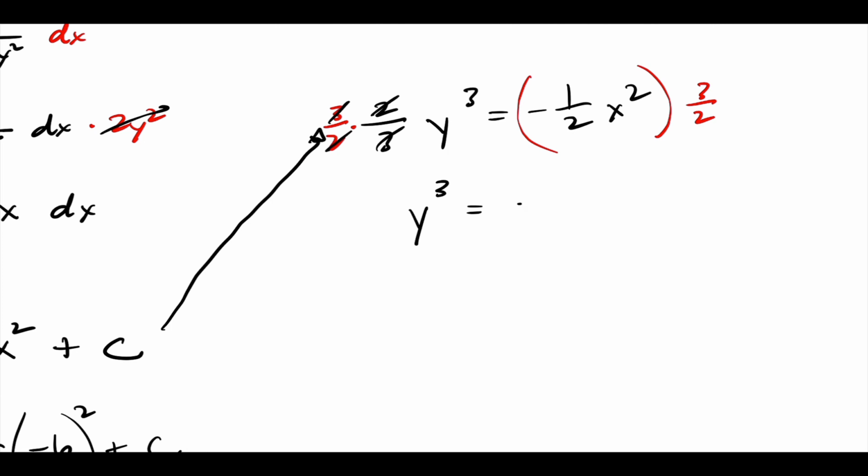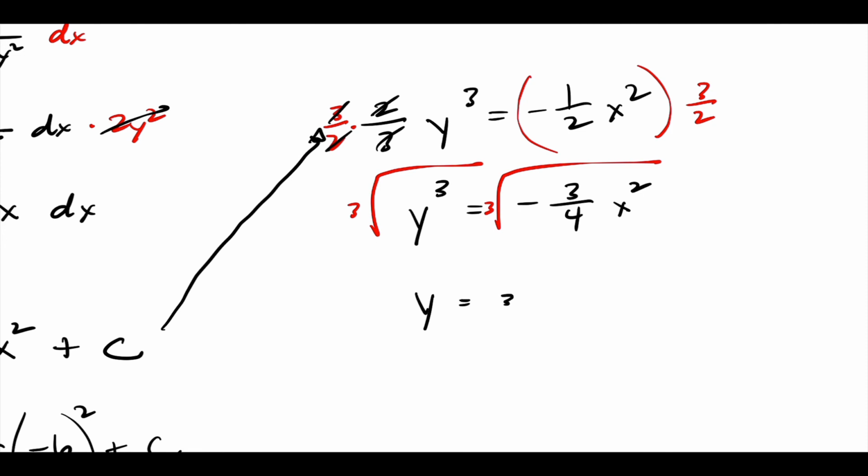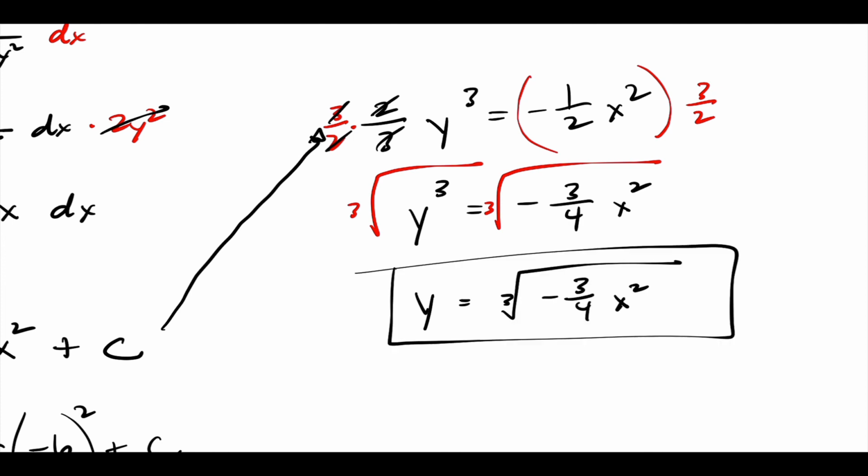So over here, I'll get negative 3 over 4 x squared. Third root. So I get y equals the third root of negative 3/4 x squared. Okay, you don't have to do anything with that. You don't have to solve from there or anything. You're done. That's it.